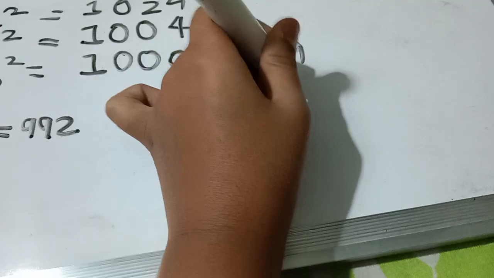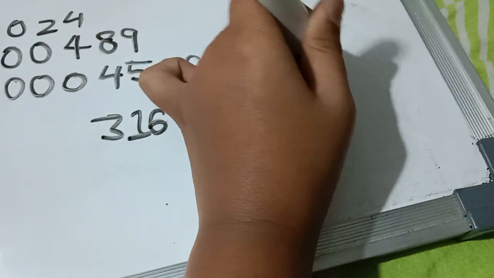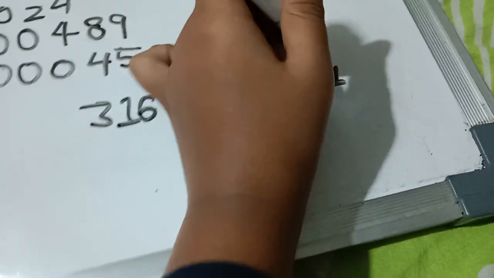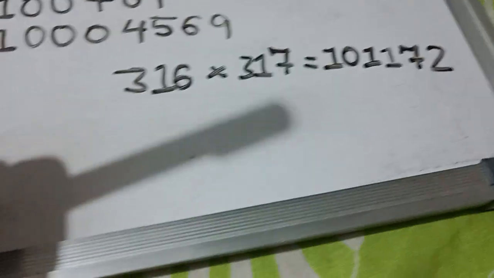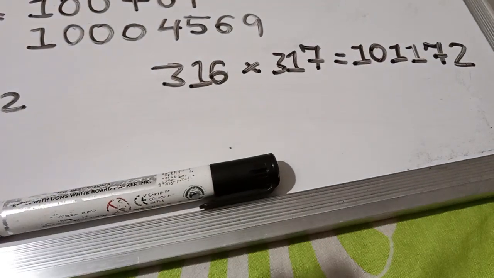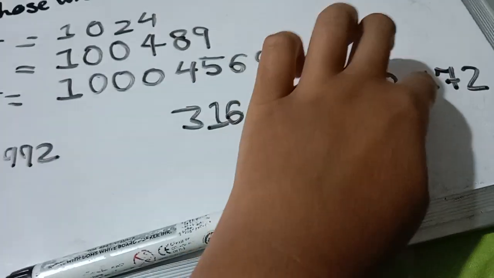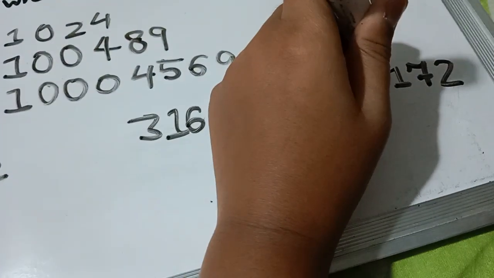So if I choose 31 times 32, which is 992, and also 316 times 317, that's 100,172. Oops, my bad.